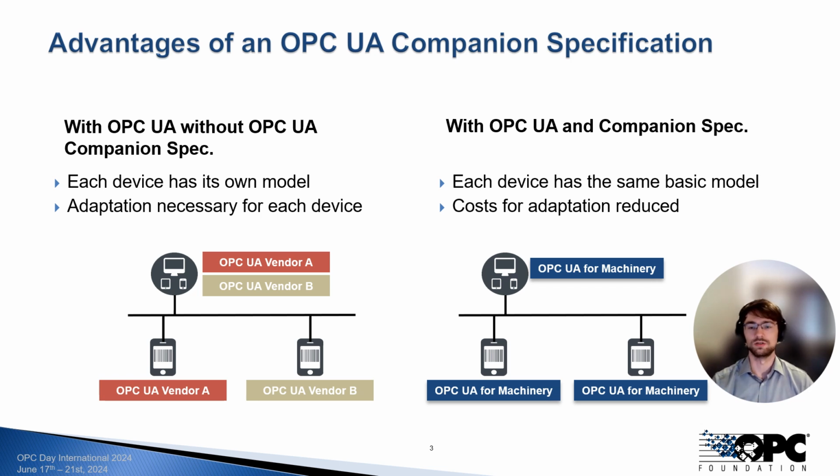For example, I could use OPC UA for Machinery if we are talking about identification, and if all devices use the machinery specification for the identification part, then I only have to program this once, and even if I now put 3, 4, 5 additional devices into it, I don't have more integration effort. And of course, each vendor can then extend the model on its own to provide additional information, but the basic model is the same, and that's the big advantage of companion specifications.